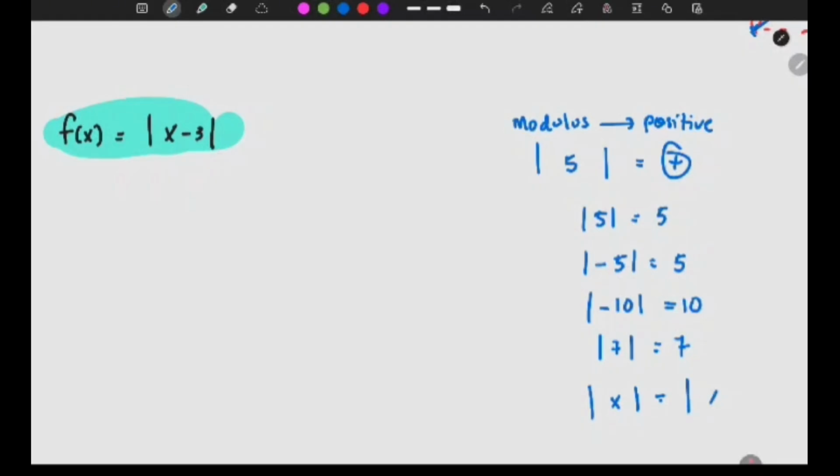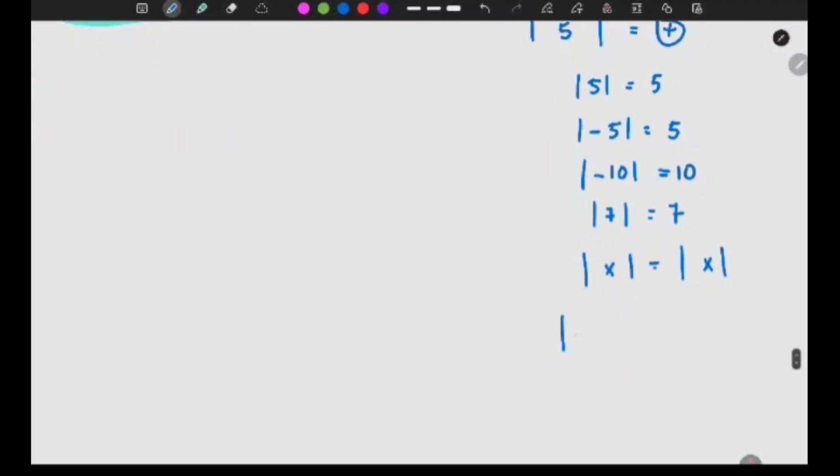If I put modulus x plus 3, maybe not plus 3, same example, x plus 10, the answer will remain with the modulus. If I put x minus 10, do you think it will change to x plus 10? Because as I said, modulus makes a number positive. The answer is no. It will remain negative.